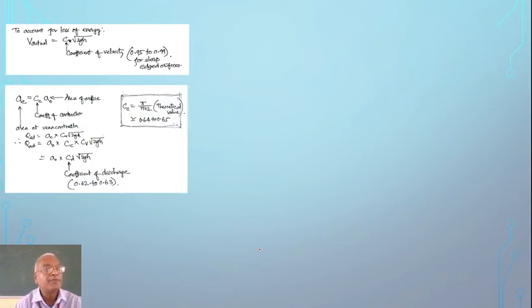Then Ac, that is the area at vena contracta, is equal to a coefficient of contraction Cc multiplied by A naught, the area of the orifice. The area of the orifice is simply pi d squared by 4, but because at the vena contracta it will be slightly less, there is a multiplier Cc. It is called coefficient of contraction.